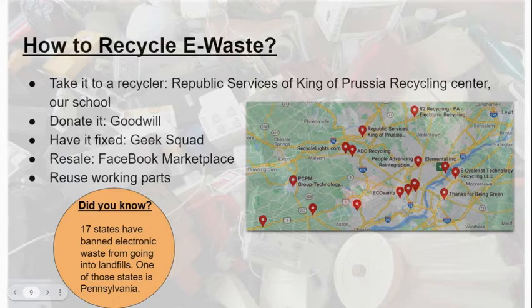Places you can donate it are like Goodwill, or there are many other places where you can donate it, and you can also have it fixed. You can have it fixed at many places like the Geek Squad. You can resell it like at Facebook Marketplace, and you can reuse the working parts, which we will explore on the next slide.